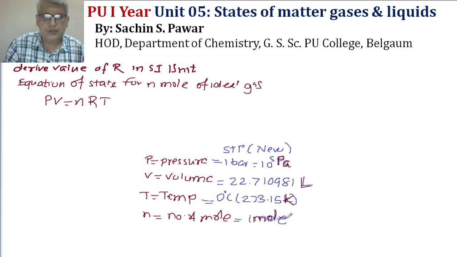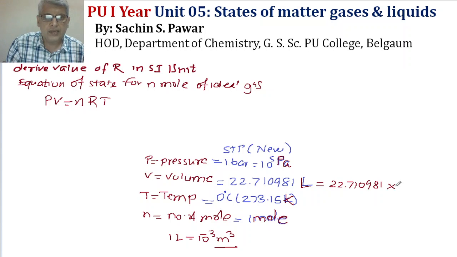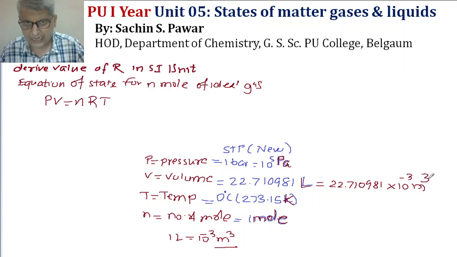Liter I cannot keep. You know 1 liter is 10 to the power minus 3 meter cube, and meter cube is the SI unit of volume. So this is coming to be 22.710981 into 10 to the power minus 3 meter cube. Am I right? Right. So Kelvin is SI unit, mole is SI unit, and rest all is SI unit. So we can write it.